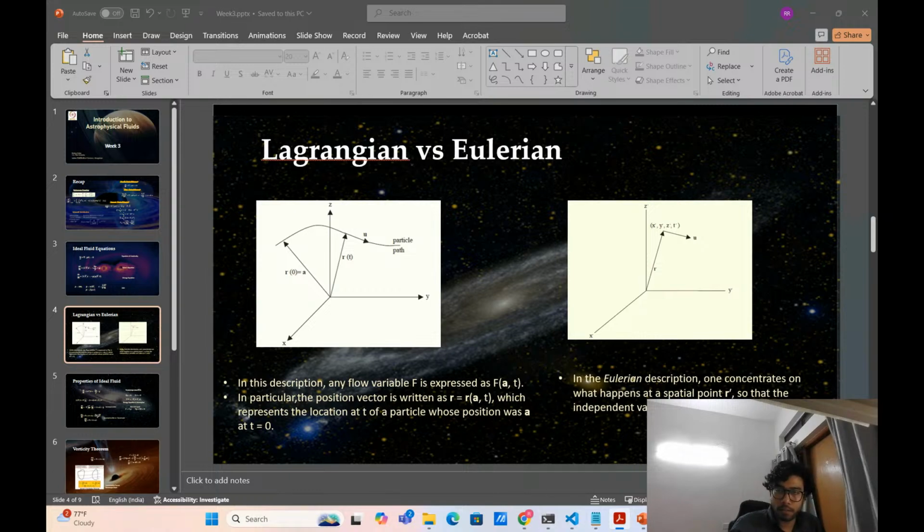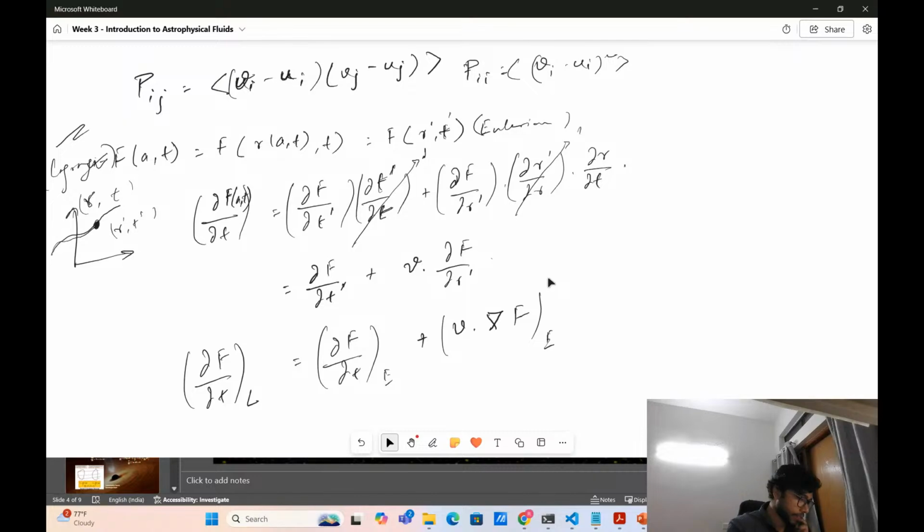Also, just for convention, this del f del t in the Lagrangian frame is generally represented as a total derivative. So d dt of any variable, let's say f, is equal to del f del t plus v dot del f. So this is generally written like this.